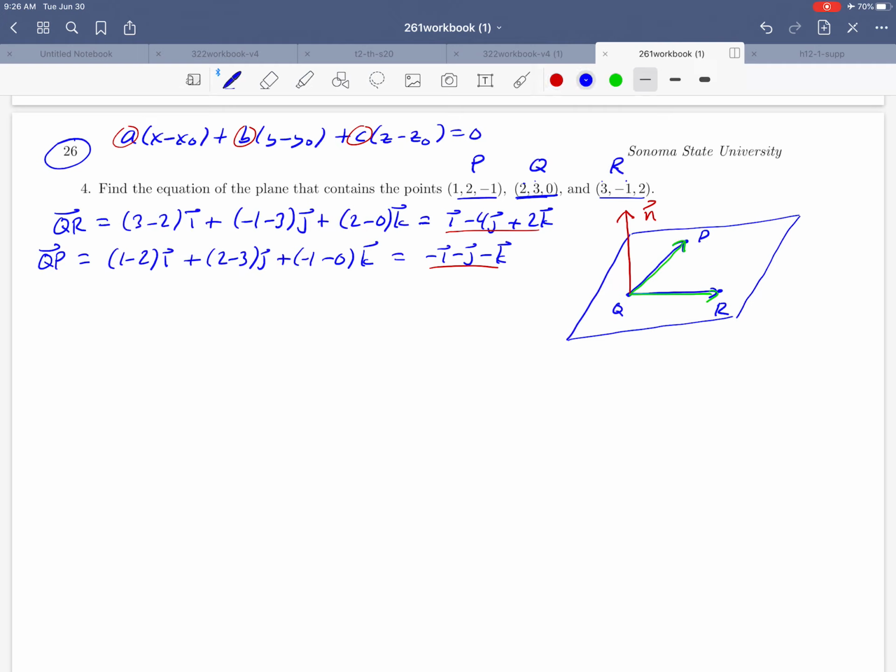So far, what we have are component-wise descriptions for QR and QP. Again, to find the normal vector n, we're just going to take the cross product of those 2 vectors. So QR cross QP involves taking a determinant. The second row in our determinant is going to be the vector QR, which has components 1i minus 4j plus 2k. Then QP has components of negative 1i minus 1j minus 1k.